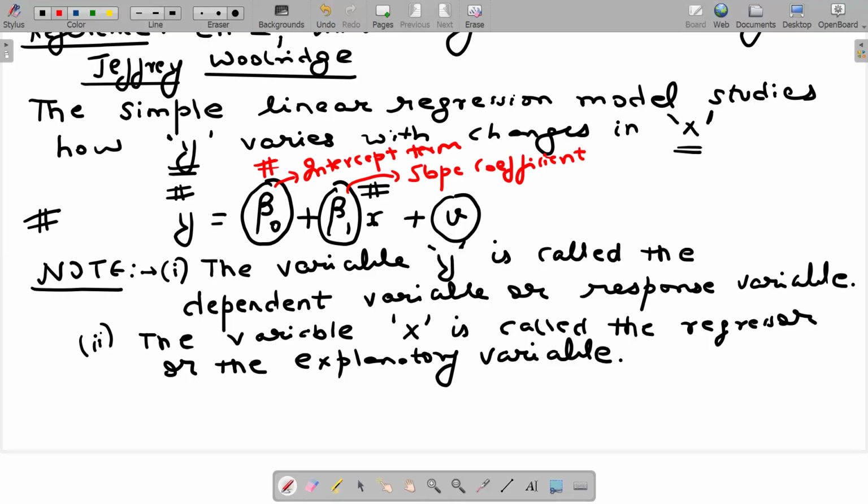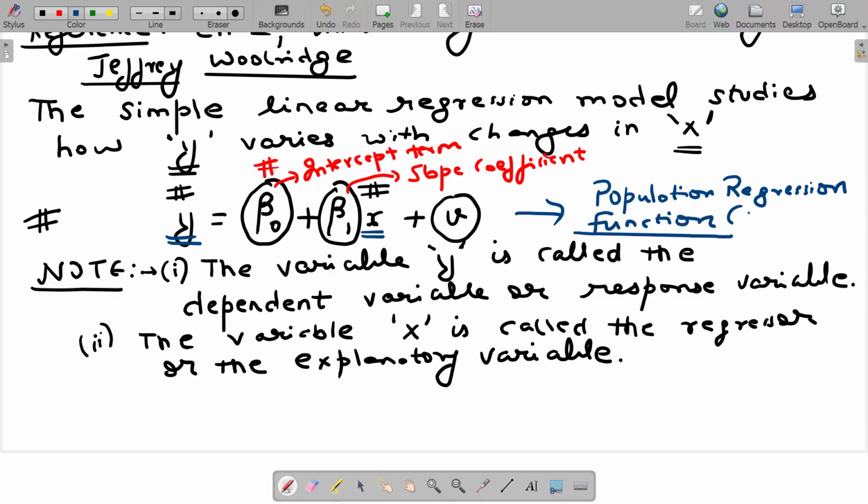So beta naught and beta 1 are the population parameters, and this whole equation is called the population regression function. The population regression function explains how y varies with the random variable x in the population. In short form, I can write PRF.